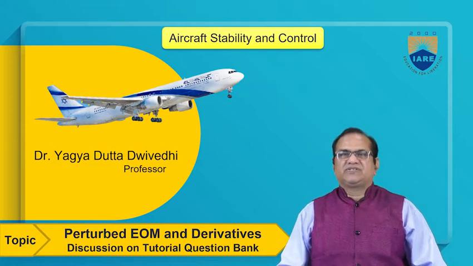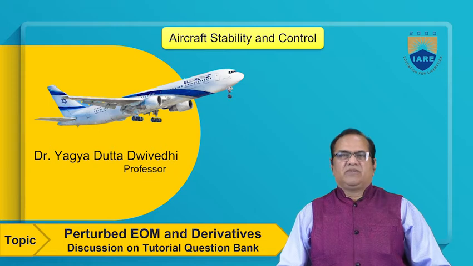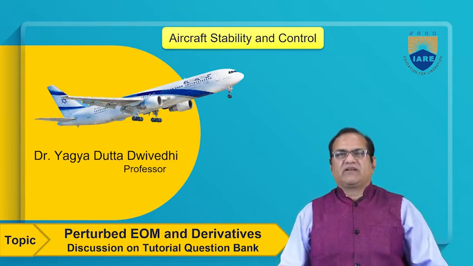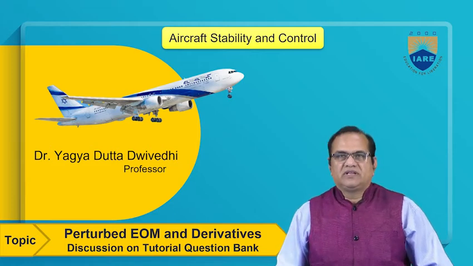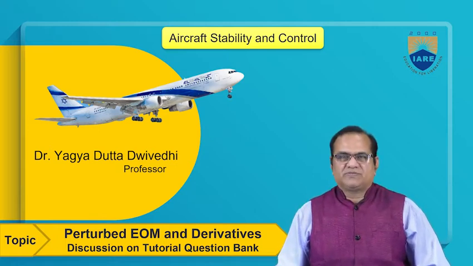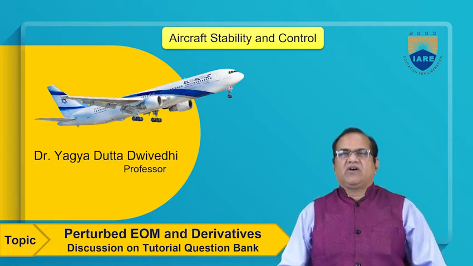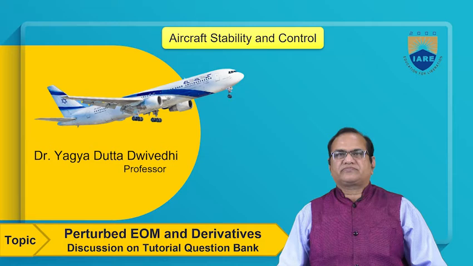Then last but not the least was dynamic stability, and in dynamic stability we have seen different modes of the aircraft. Then there's damping, natural frequency, damped frequency, time of response, and also the modes, that is phugoid mode, longitudinal mode, lateral mode, spiral modes. These all things we have already covered.